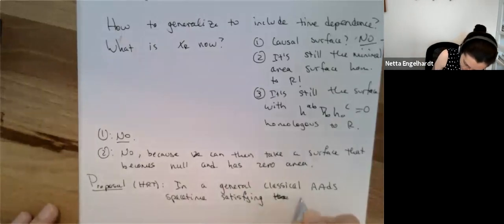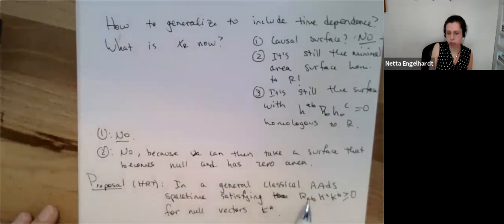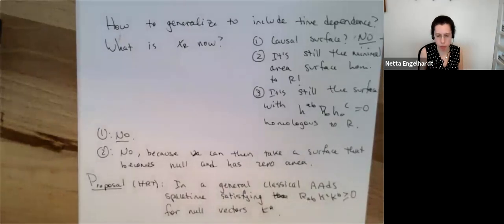Satisfying R_AB K^A K^B greater than or equal to 0 for null vectors K. I framed it here as a curvature condition, but since we're probably going to be assuming the Einstein equation most of the time, this is just the null energy condition. I just put a T over here, the stress tensor.